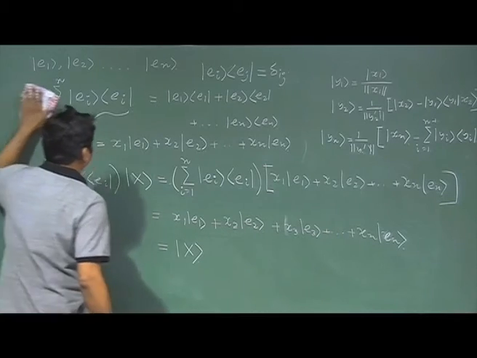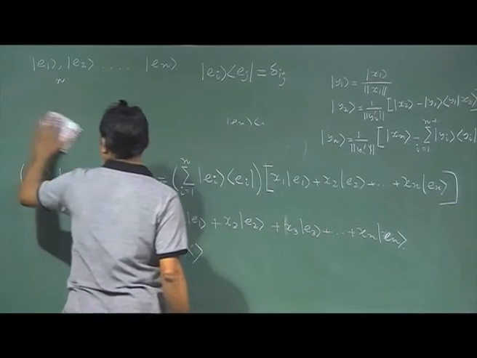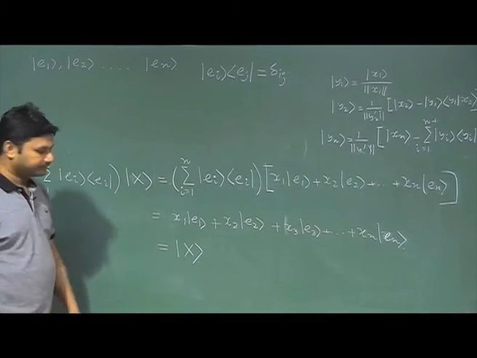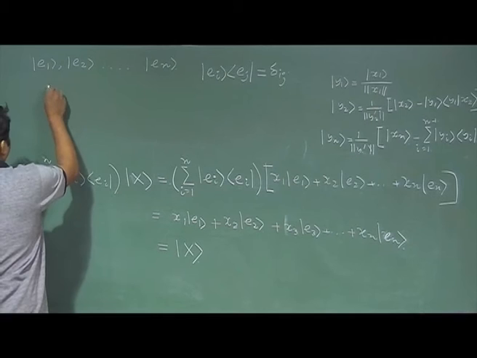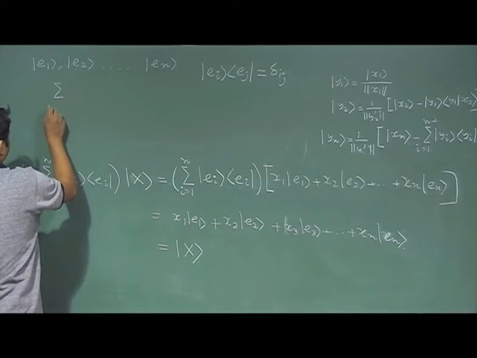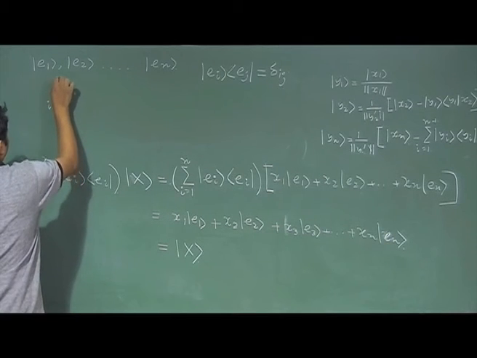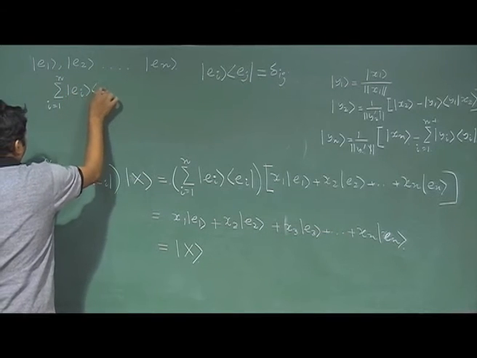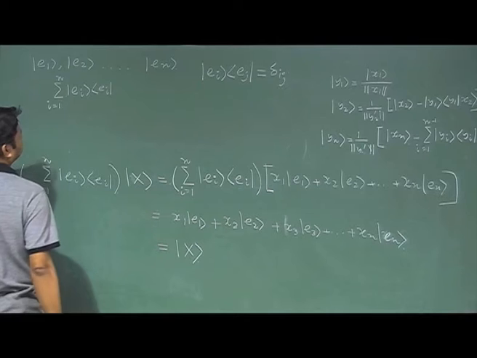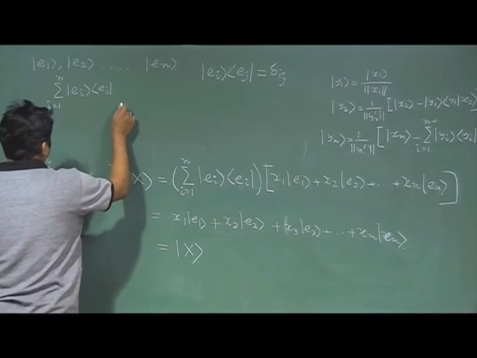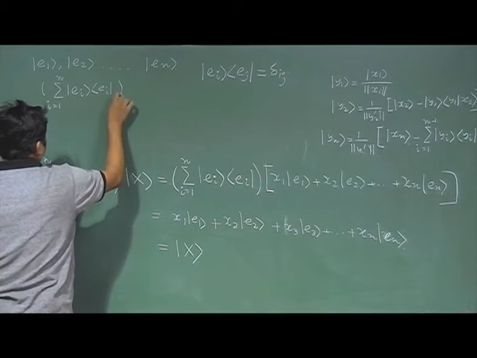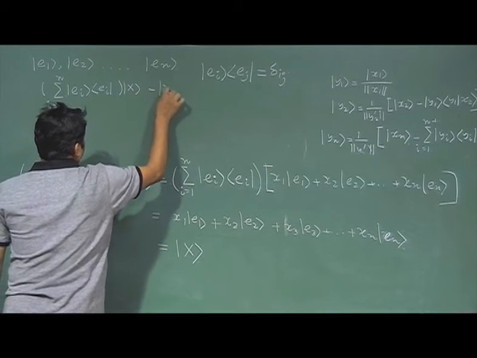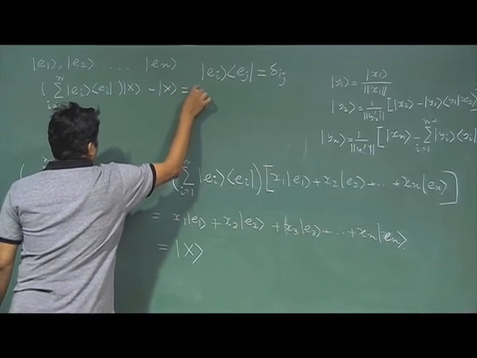So, if I write this here, I should write the sum from 1 to n of ei, that operates over vector x, minus vector x, is equal to 0.